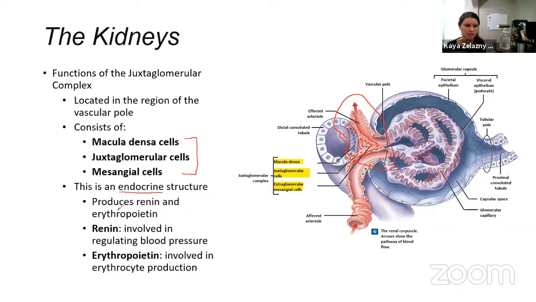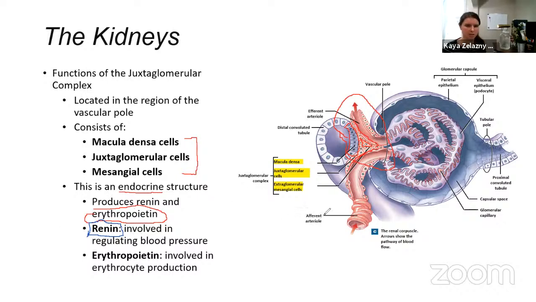And we'll talk a lot about some of the endocrine function of the kidney. We've seen a little bit already. We talked about the role of erythropoietin in the development of red blood cells. What we're going to talk a lot about in this unit is this hormone renin. Renin is going to be part of a whole big system of hormones, a cascade, the renin, angiotensin, aldosterone system, and we'll talk about it later on.